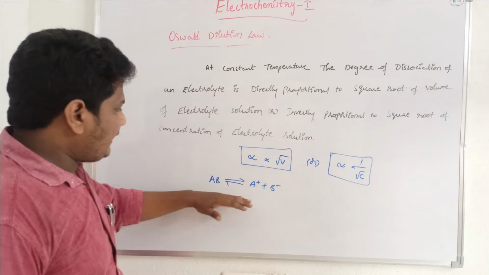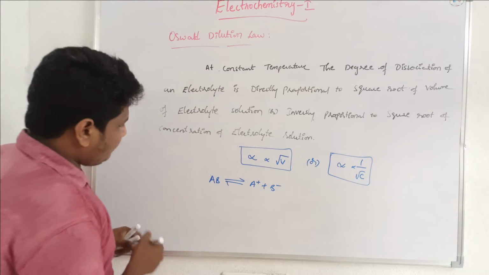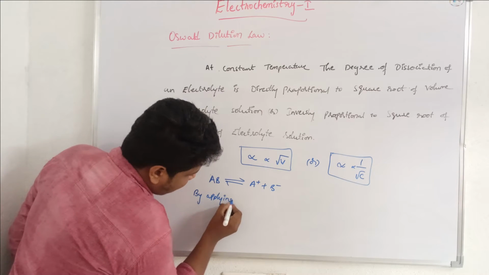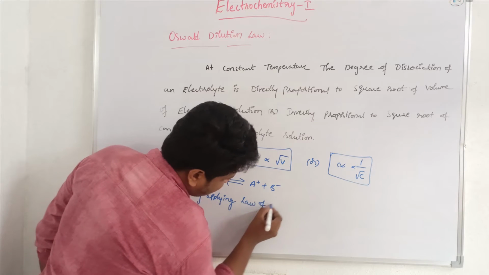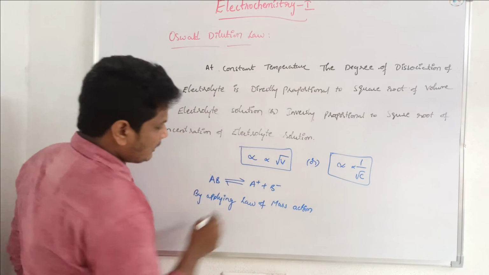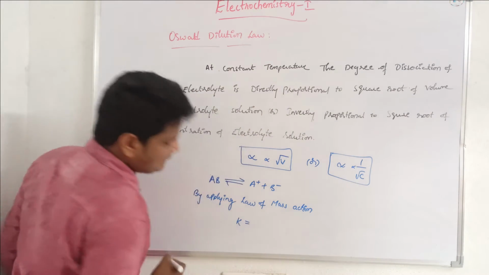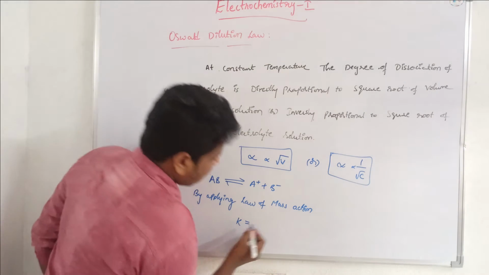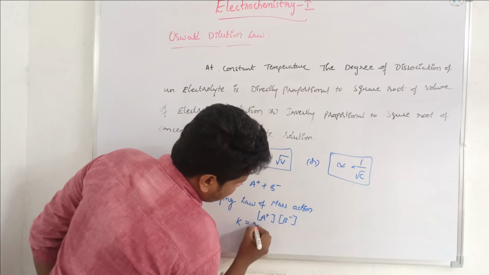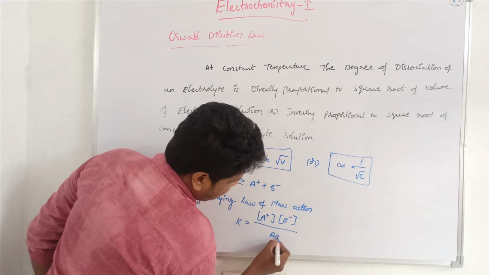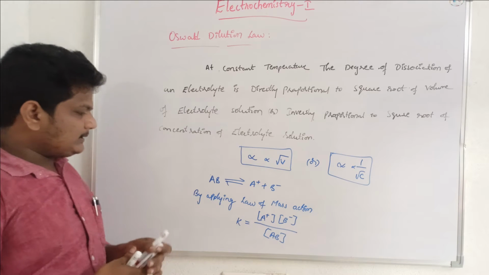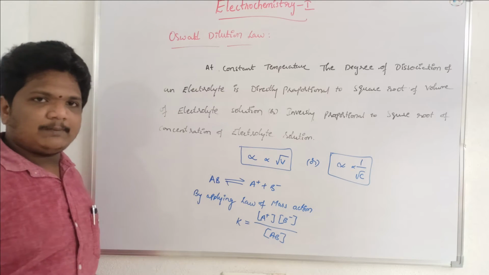So by applying the law of mass action, the dissociation constant K is equal to the concentration of the dissociated ions divided by the concentration of the undissociated molecules. This is what we got by applying the law of mass action.